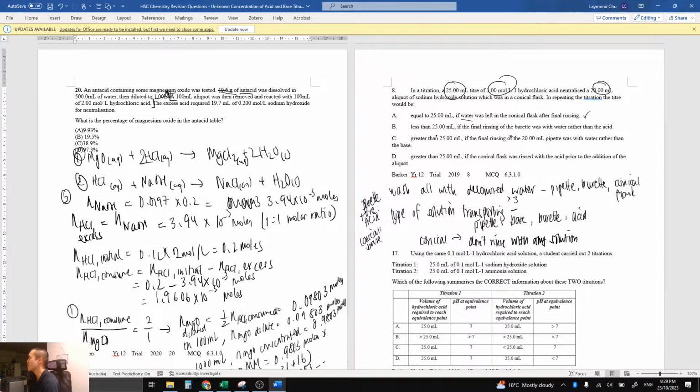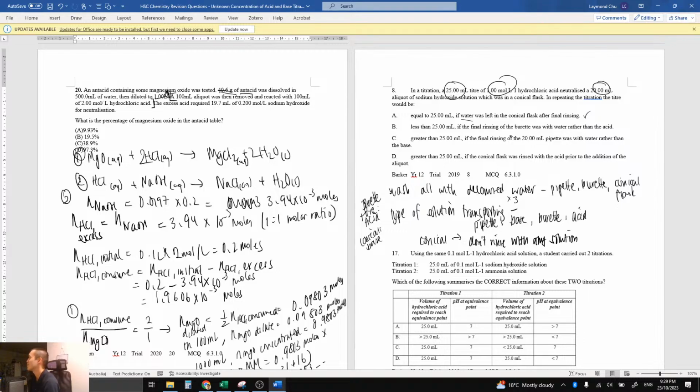Less than 25 mils. We can have less than 25 mils if, for some reason, we've decided to add more base into our conical flask, or we've decided to dilute the burette. Let's say we don't rinse the burette with acid.